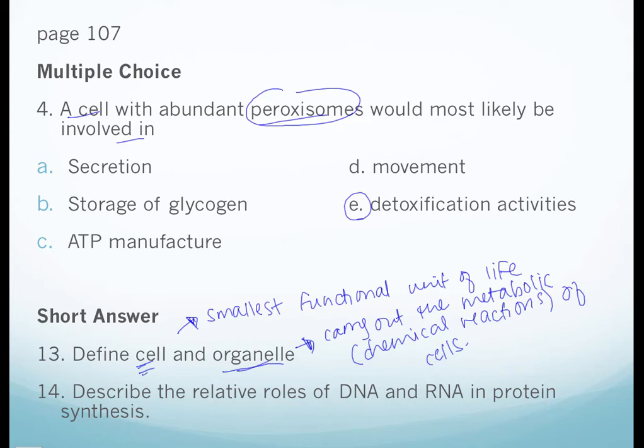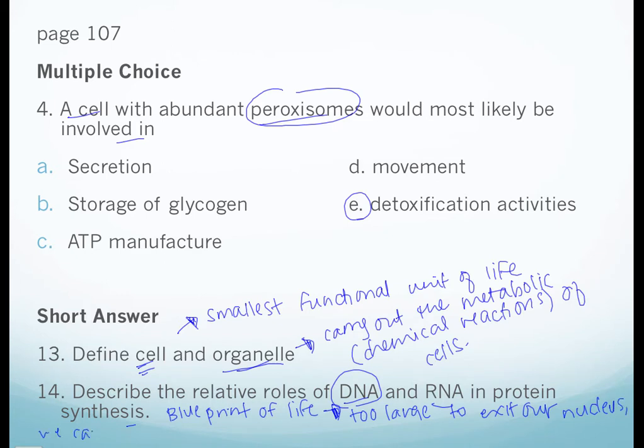Now describe the relative roles of DNA and RNA in protein synthesis. Okay, so DNA is what? It's our blueprint of life, and because it's too large to exit our nucleus, we can copy a gene, which is a portion of that DNA, through RNA.